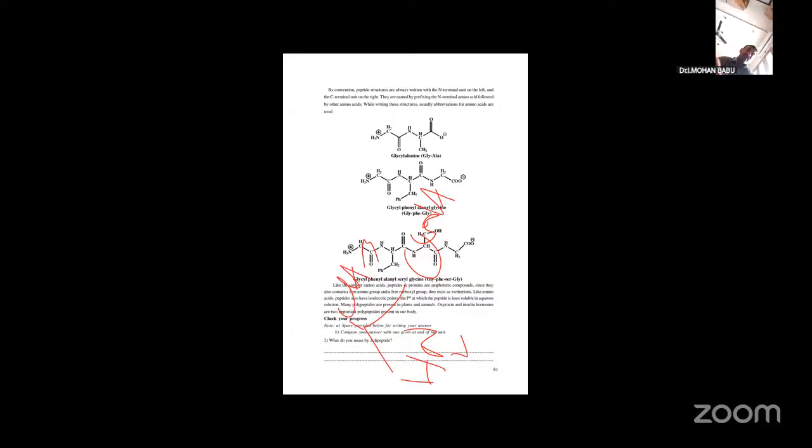Then we take phenylalanine, where one of the hydrogens is replaced with a phenyl group. And one more is valine, where there is an isopropyl group.